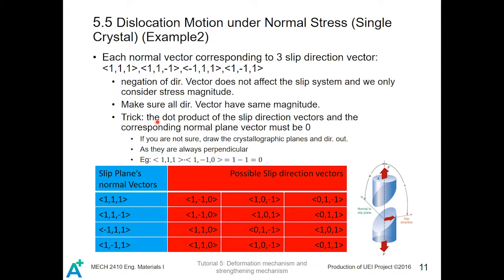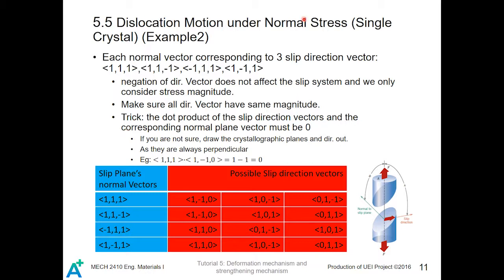The dot product of the slip direction vector and the corresponding plane normal vector must be 0. And yes, this is because they are always perpendicular. Because the slip direction is always on the plane, and the vector normal to the slip plane is always normal to the plane. That means the angle between them is always 90 degrees, and their dot product is always equal to 0.